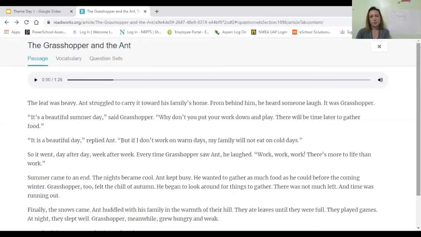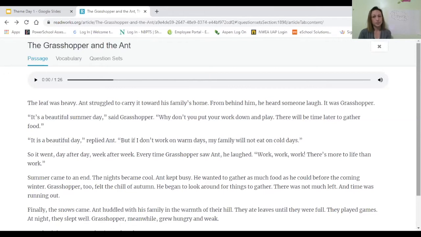Every time Grasshopper saw ants, he laughed. "Work, work, work. There's more to life than work." Summer came to an end. The nights became cool. Ant kept busy. He wanted to gather as much food as he could before the coming winter. Grasshopper, too, felt the chill of autumn. He began to look around for things to gather.